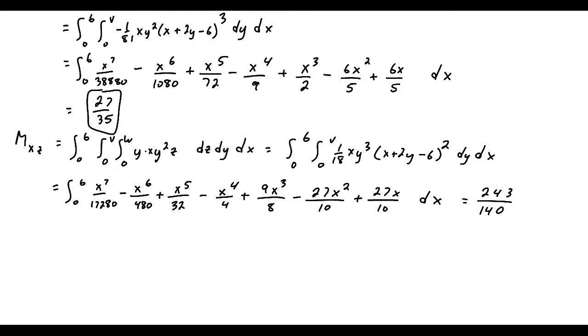Finally, we can find myz, the moment in the yz plane. That will be equal to the integral from 0 to 6 with respect to x of the integral from 0 to v with respect to y of the integral from 0 to w with respect to z of the function x times x y squared z.